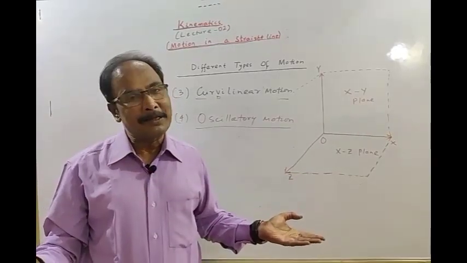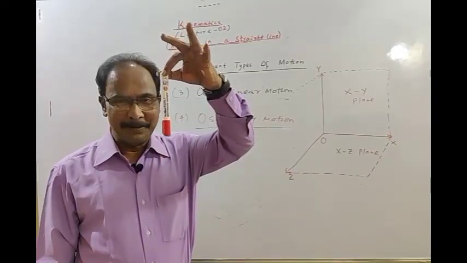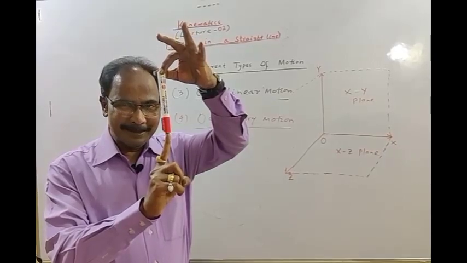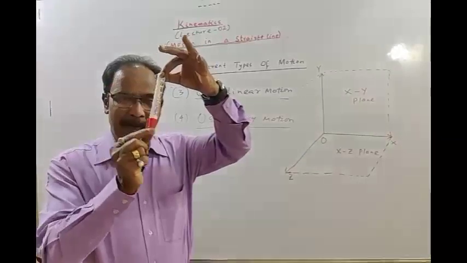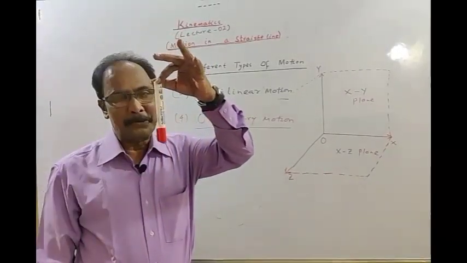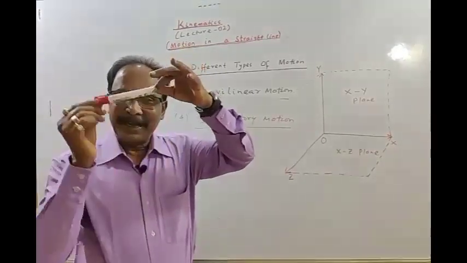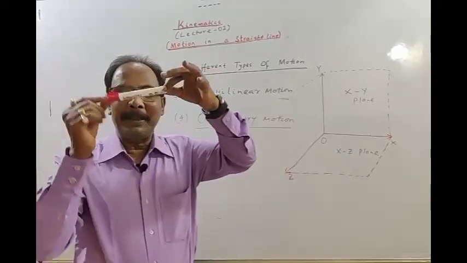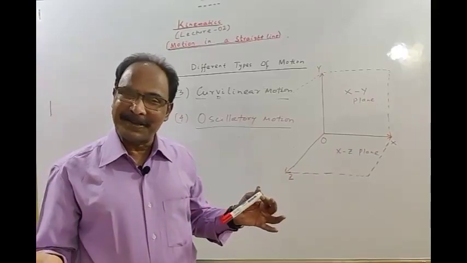Let's consider the pendulum of a clock. The pendulum starts its motion from this position, goes to one extreme position, then to the other extreme position, and finally back to the mean position. The to and fro repeated motion about the mean position is called oscillatory motion.